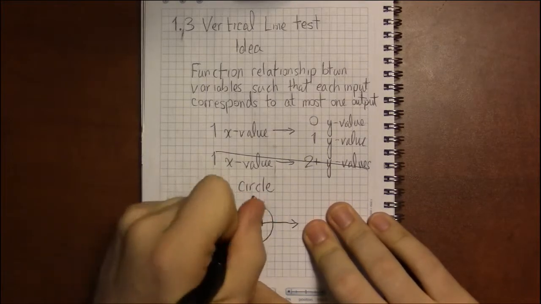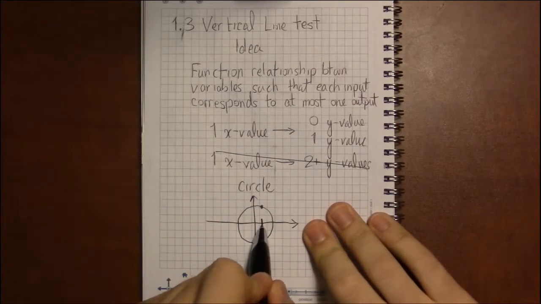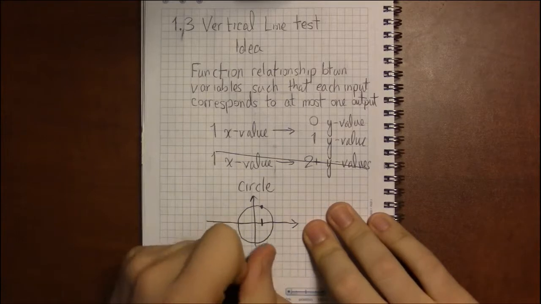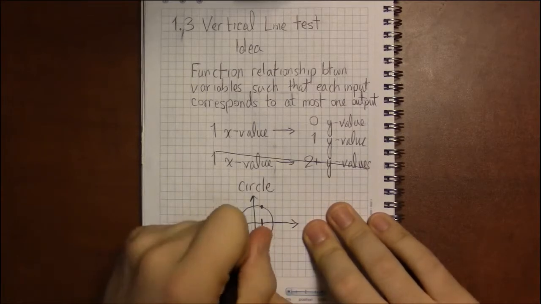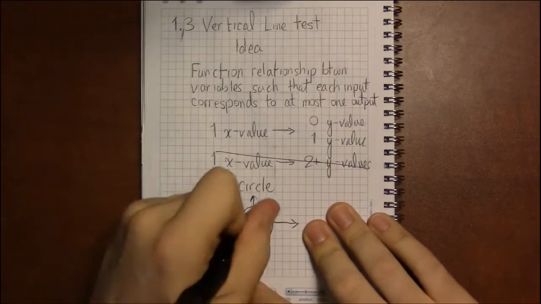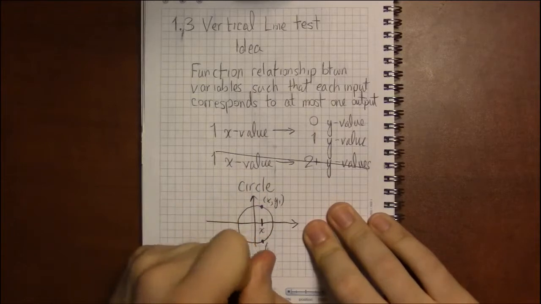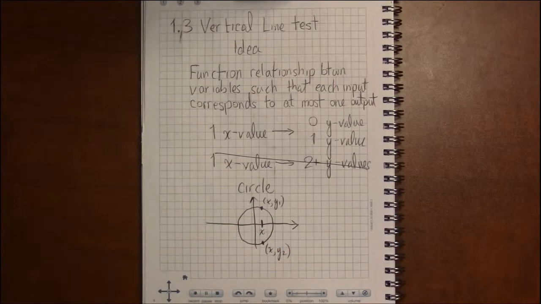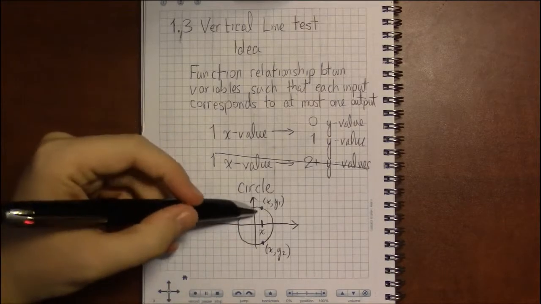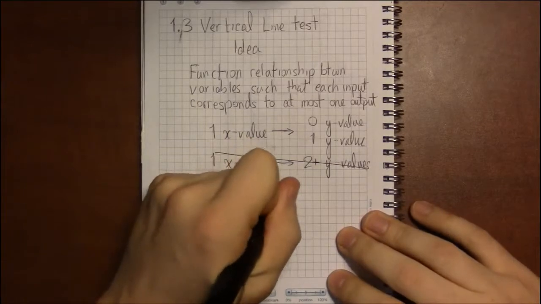There's a y value here corresponding to this x value, and there's a y value here. That this one particular x value has two y values associated to it. So this means that a circle cannot be a function.